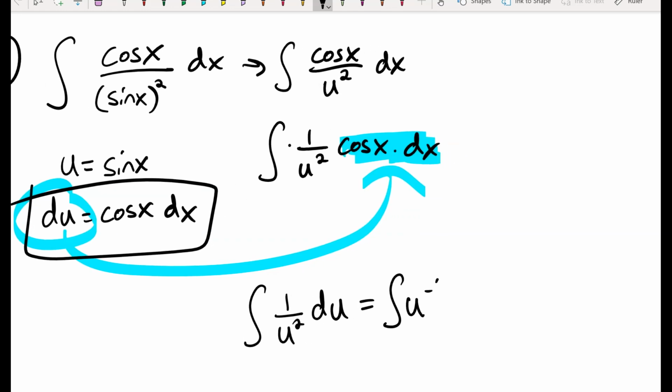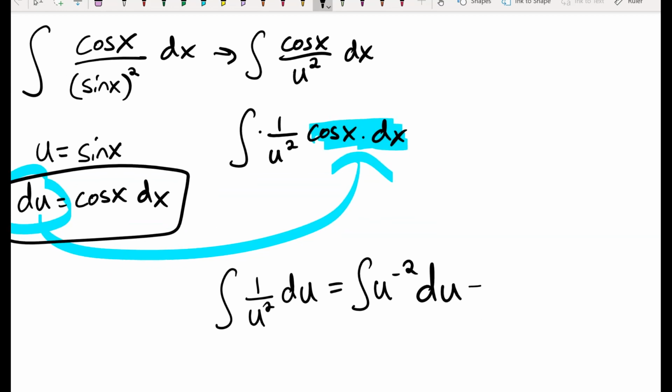I'm going to write it as a negative exponent instead, just so I can apply the reverse power rule. So that turns into, if I add 1 to the exponent, negative 2 plus 1 is negative 1, and divide by the new exponent, plus c. And remember, I just made u sine of x. So this is negative sine of x to the negative first plus c.